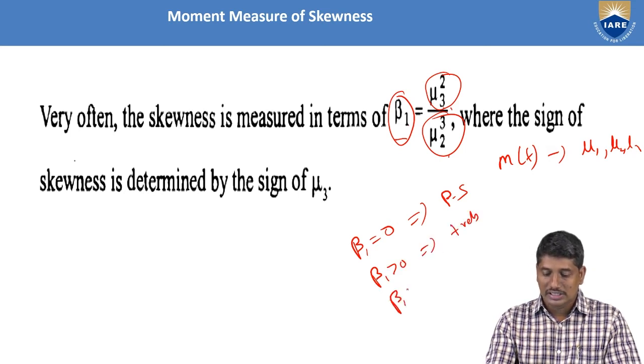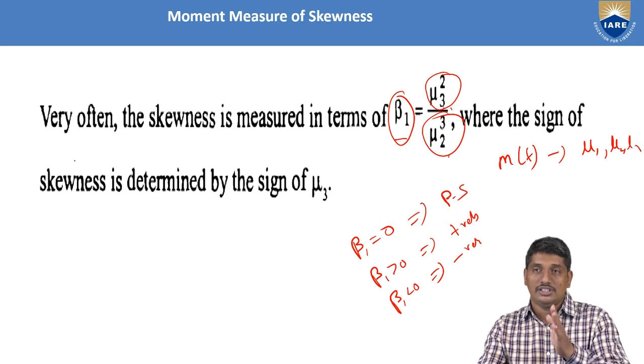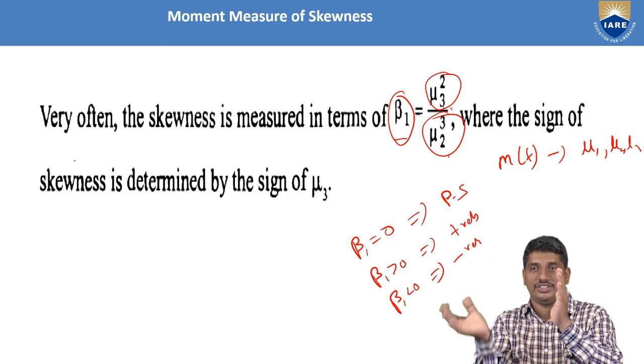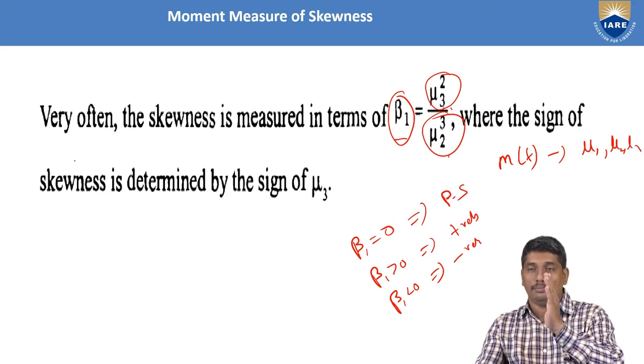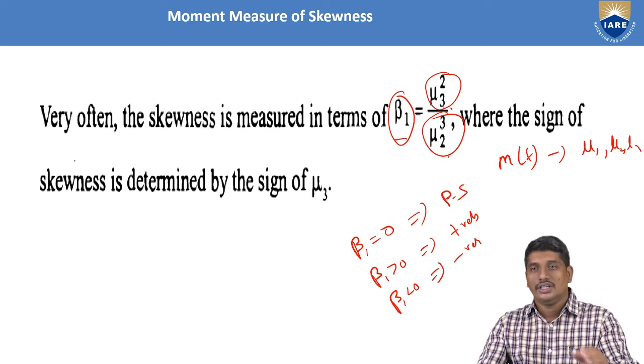If beta 1 is less than 0, we call this distribution negatively skewed. So depending upon the sign, if beta 1 is zero, then it is perfectly symmetric, equally stretched. If beta 1 is positive, then it will be positively skewed. If beta 1 is negative, then the distribution will be negatively skewed.